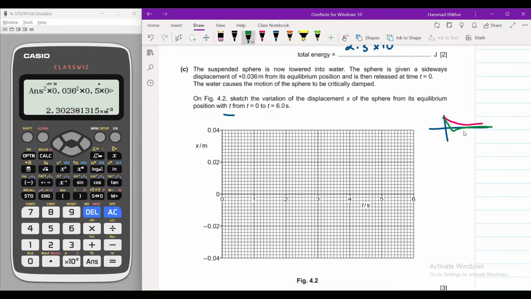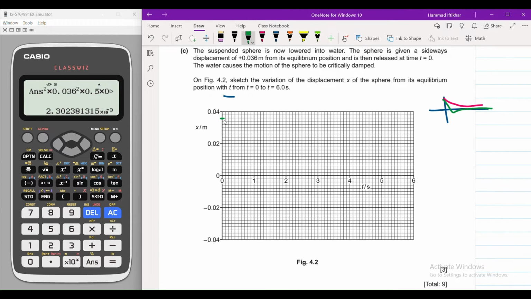It starts at plus 0.036, so the axis is 2, 4, 6, and this is 0.036. Like this.